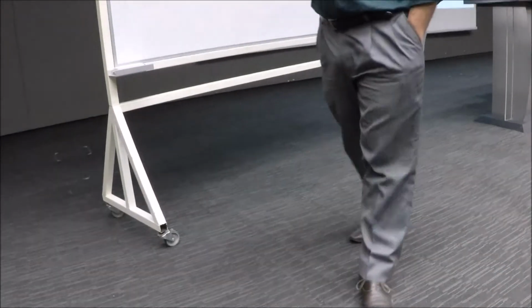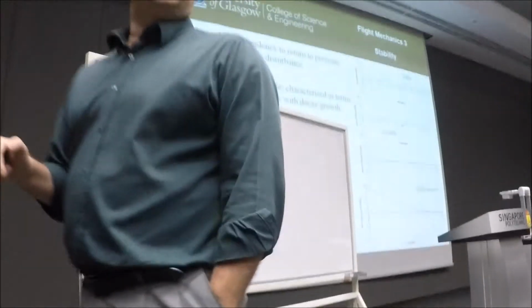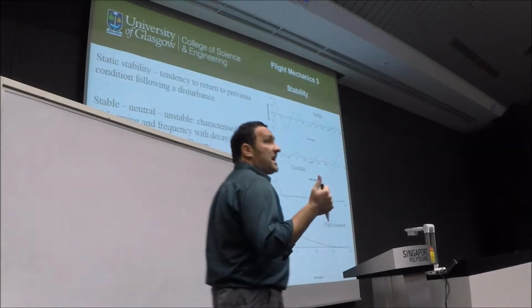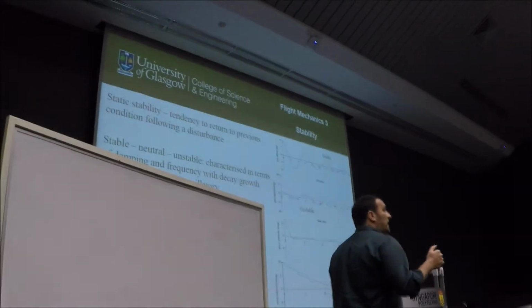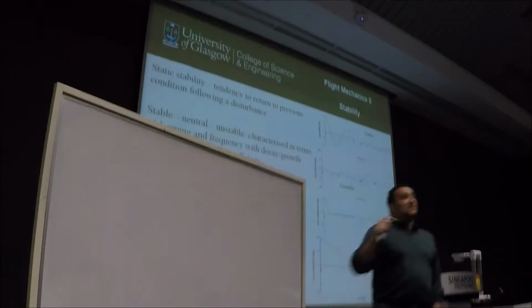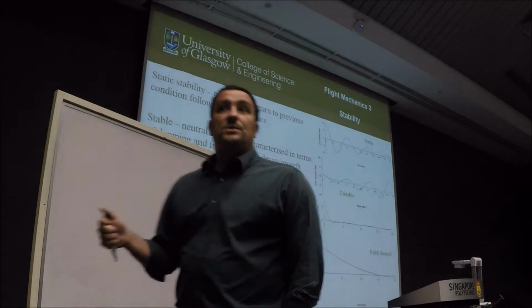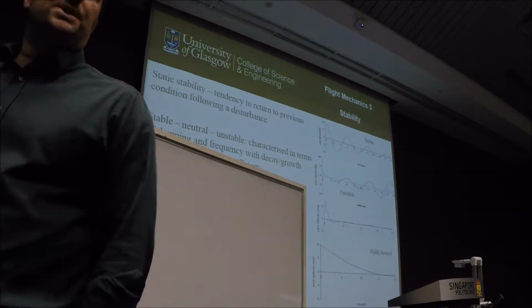Dynamic stability tells us the aircraft will return to its previous condition following a perturbation. Okay, so static stability is the tendency that the aircraft has, while dynamic stability tells us if the aircraft returns to its unperturbed position.